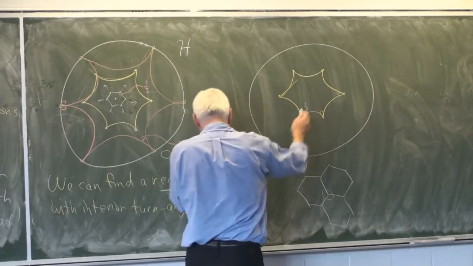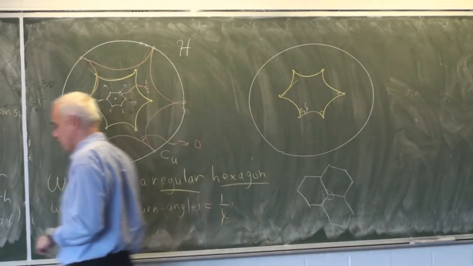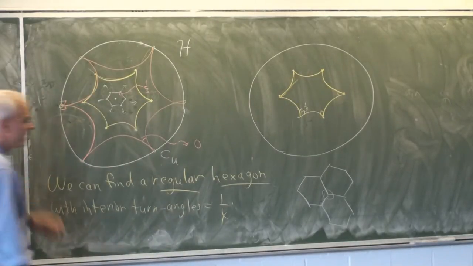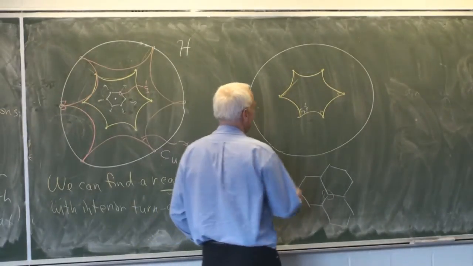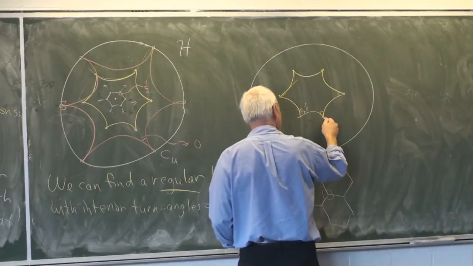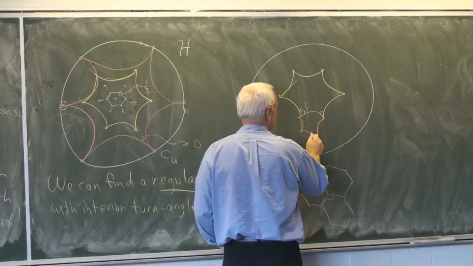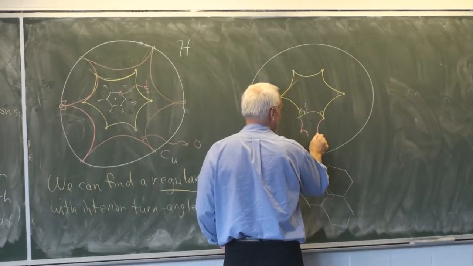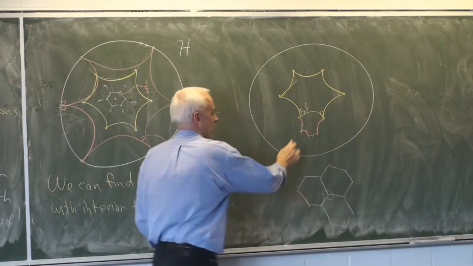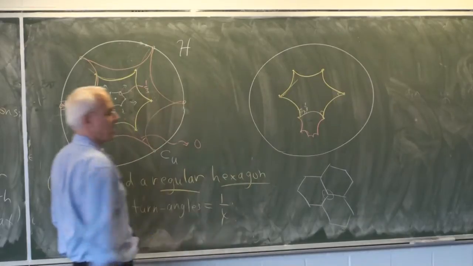So if we reflect in the sides, what are we going to get? Well, it gets a little bit tricky to show, but it's going to be another hexagon. It's going to be something that looks roughly like this: 1, 2, 3, 4, 5, 6. Something like that.